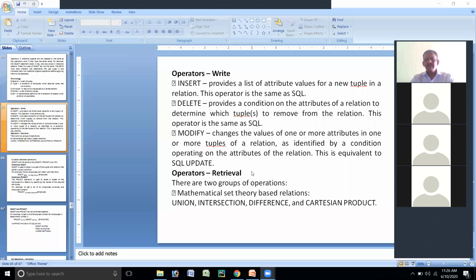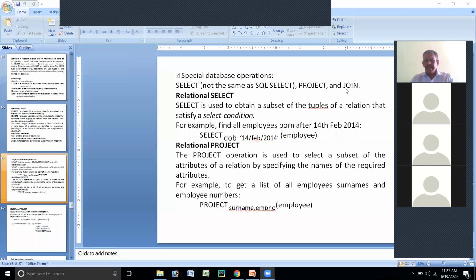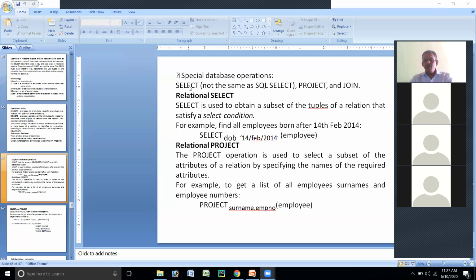One based on mathematical set theory: union, intersection, difference and Cartesian product. And the second group is called special database operations like select, project and join. But clearly we are mentioning that the select operator in relational algebra is not same as the select in SQL. Both the uses are different here.